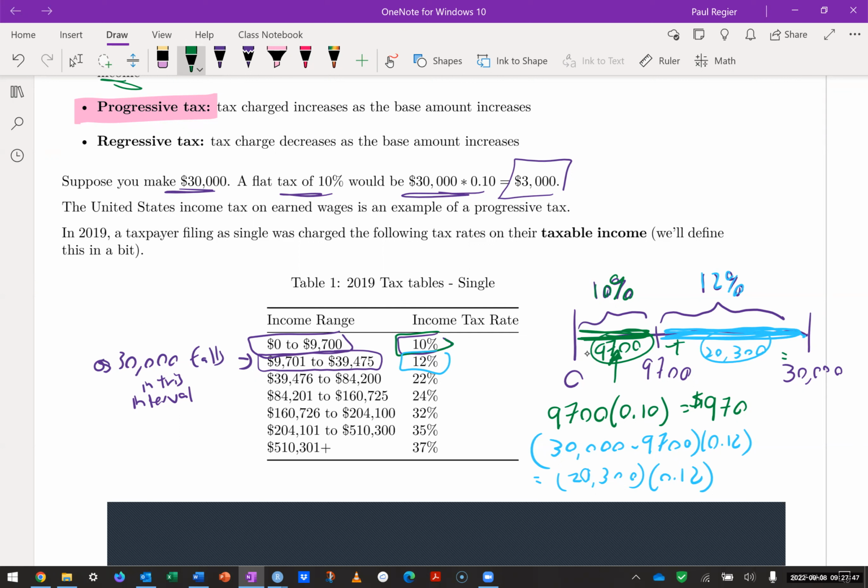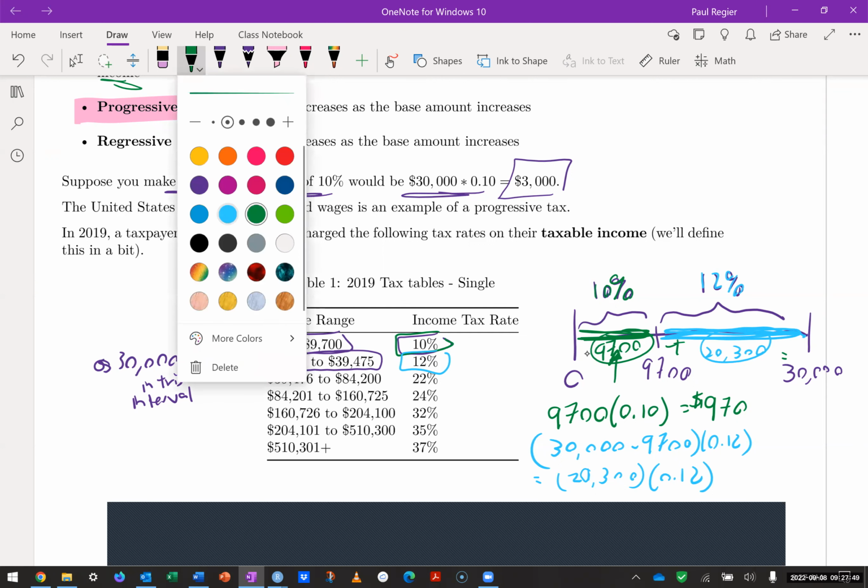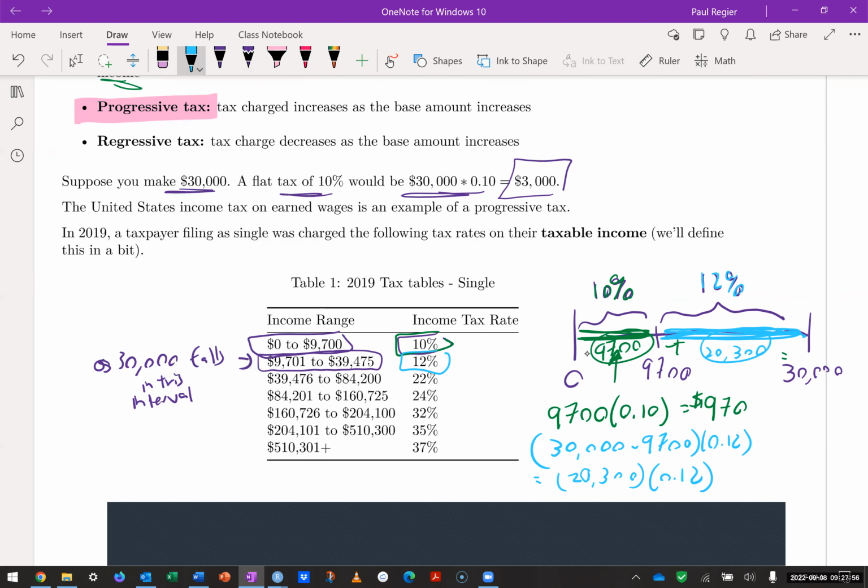So we're dividing our income into brackets. For the blue taxes, we're charged 12% on that 20,300. That's 2,436. So that's our second bracket taxes. Those are the two portions of taxes that we have to pay. And to get the total, we add them up.